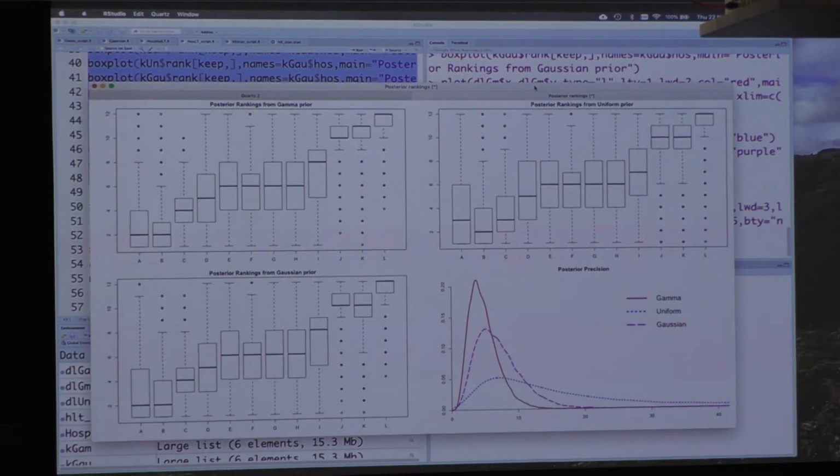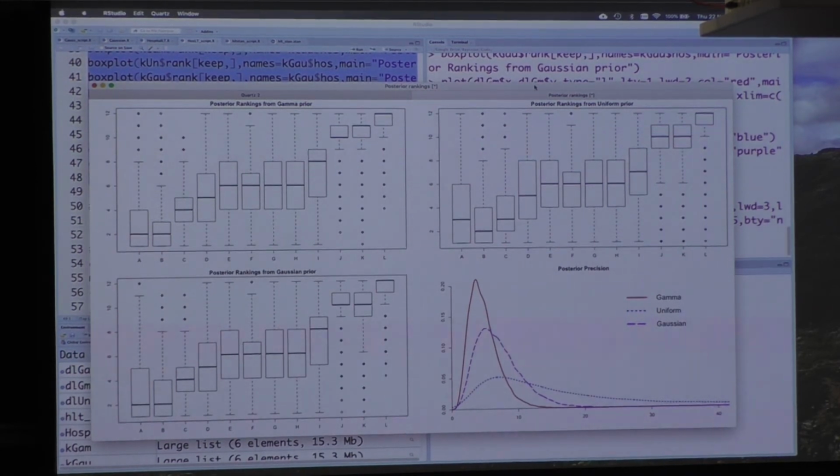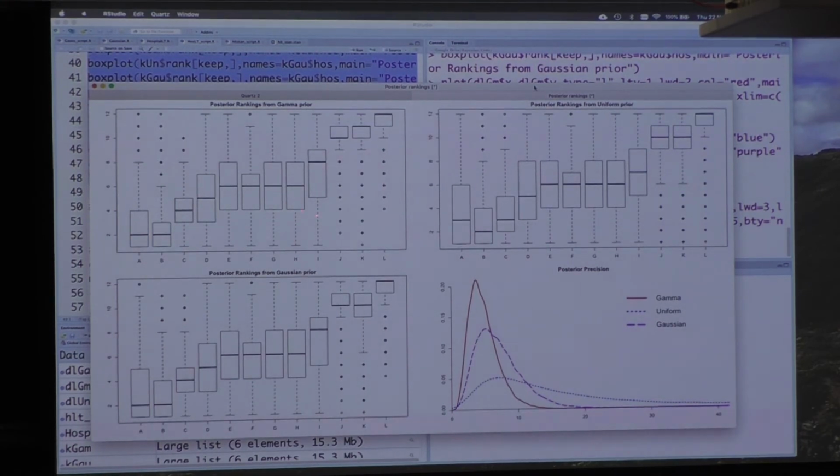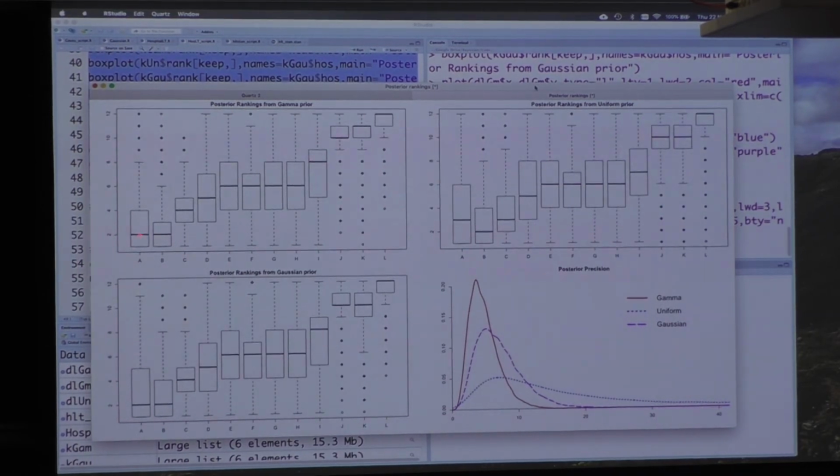So the posterior distribution of the precision parameter is sensitive to the prior, and that's what I expected. But if I look at the rankings, then this is a representation of the distribution of the rankings from the gamma prior, from the uniform prior, and from the Gaussian prior, okay?